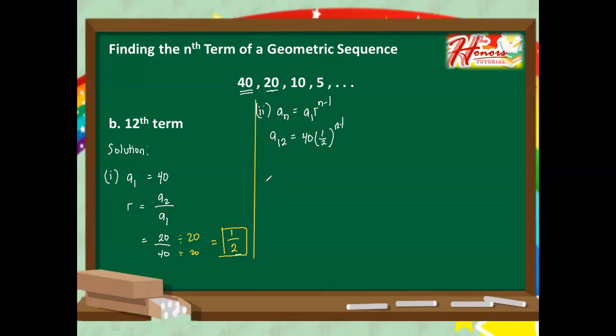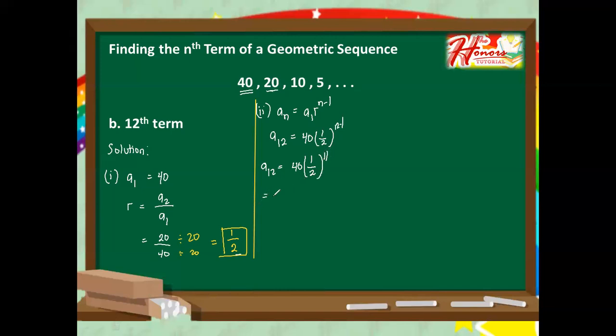So A sub 12 is equal to 40 times 1 over 2 raised to, let's have the exponent first. 12 minus 1, that's 11. So we have here 40 times the quantity of 1 half raised to 11.